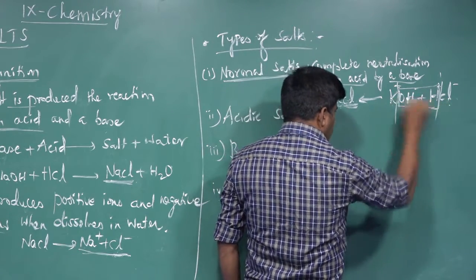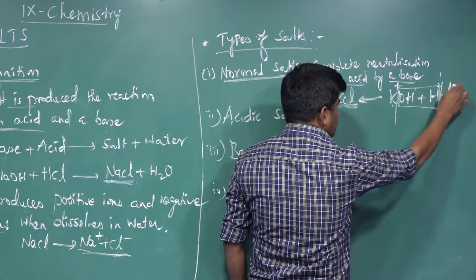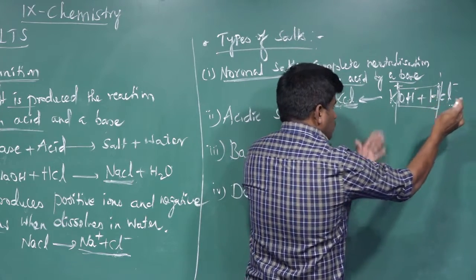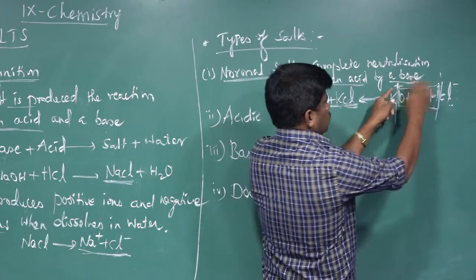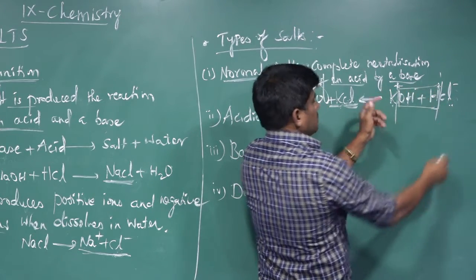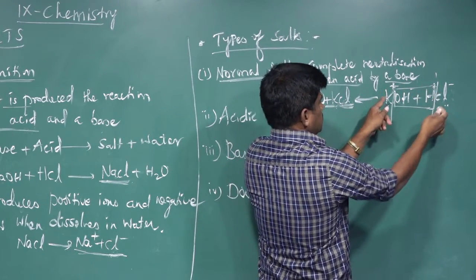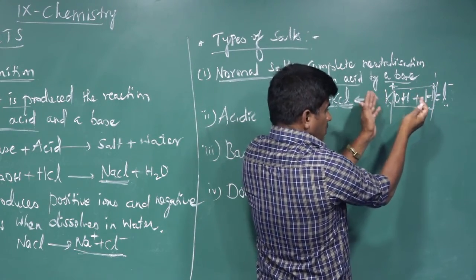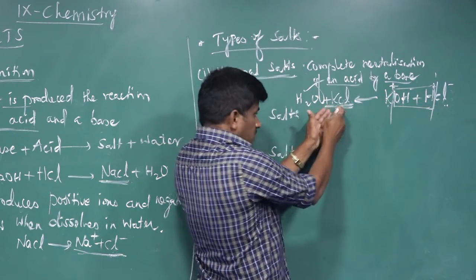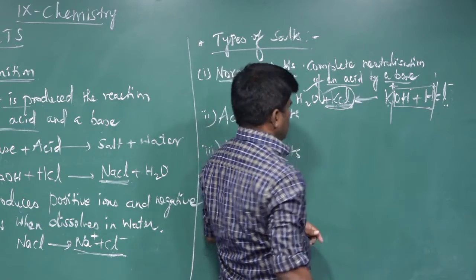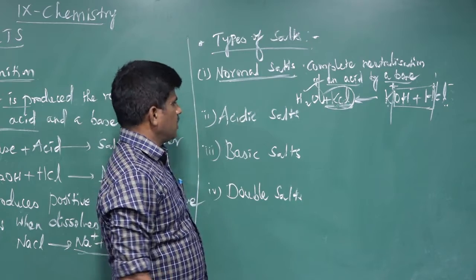When the positive ion reacts with the negative ion, because of mutual attraction an ionic bond takes place, because they have opposite charges, one positive and one negative. Because of this attraction the product obtained is called potassium chloride. Potassium chloride is a normal salt. You should understand this concept.